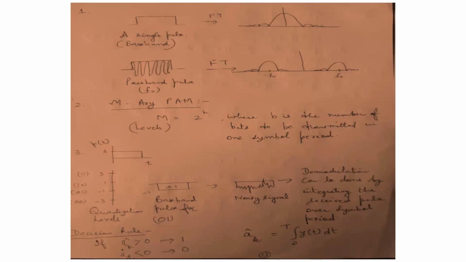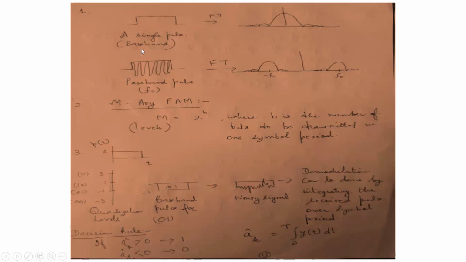If we take the Fourier transform of this rectangular pulse, we will get a sinc function, which is a low pass complex signal. This spectrum gives us an indication that it is a low pass complex waveform.